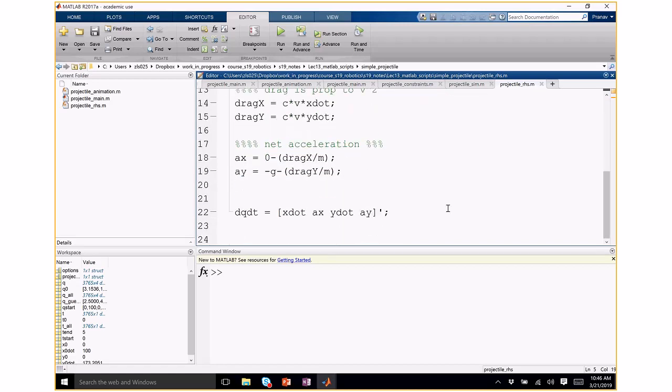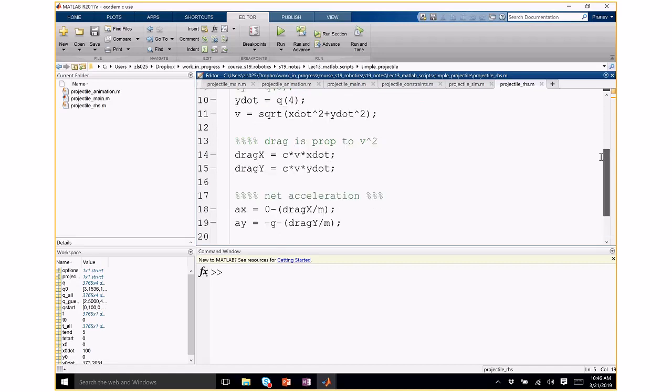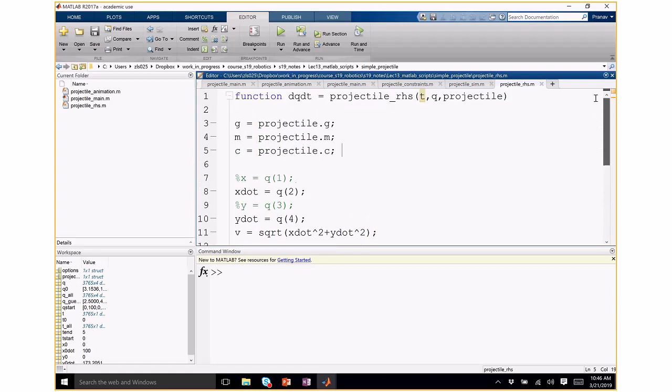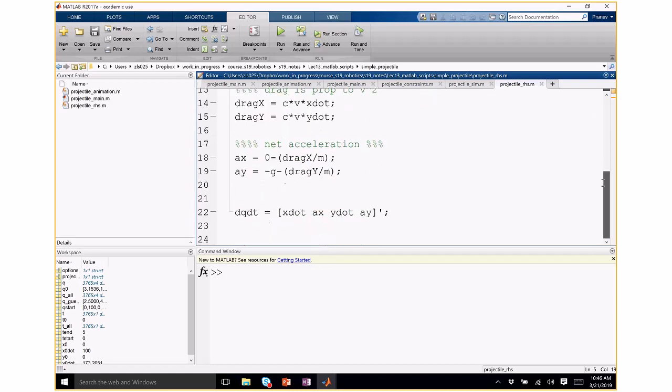The best way to think about functions is what is input, what is output. The output is x dot, acceleration ax, y dot, ay. Acceleration is drag force divided by m. I've written it slightly differently from the notes, just to make it super clear. That's the drag force, velocity, and so on. But essentially it is passing 4 things: the velocity, acceleration, y dot, and ay.